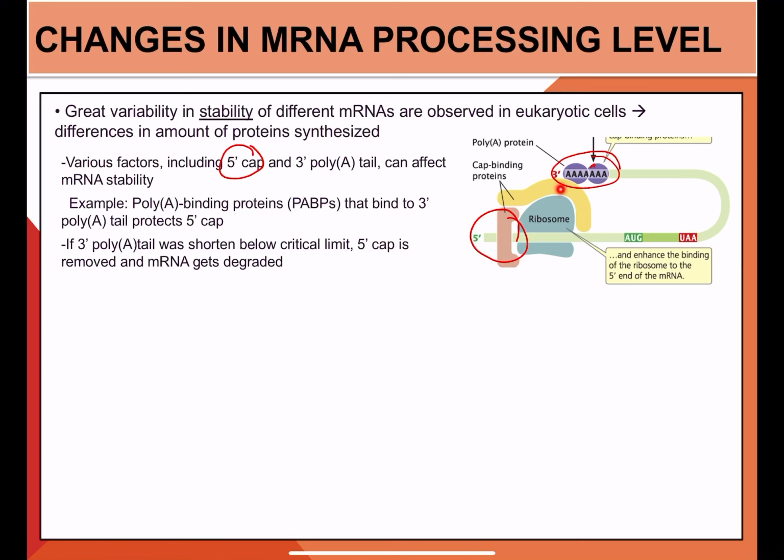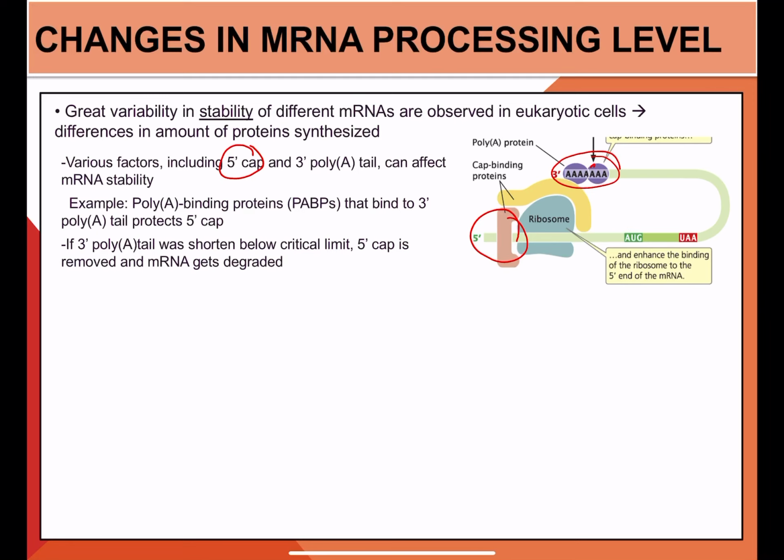There are particular proteins called poly-A binding proteins, known as PABs. They bind to the 3' poly-A tail, and it plays a role in helping the stability or protection of the 5' cap. But scientists found that if they chopped this poly-A tail down to a very, very short critical limit, the 5' cap gets removed somehow, and the mRNA molecule gets degraded.